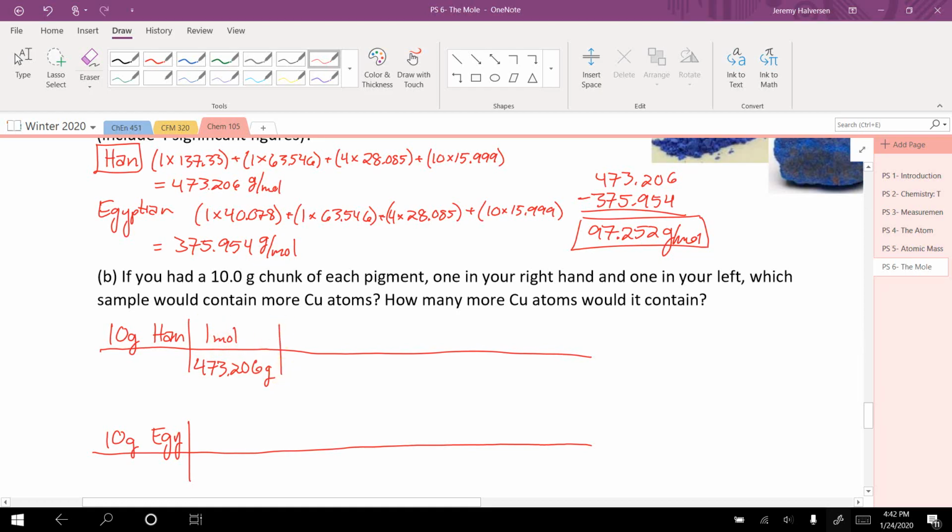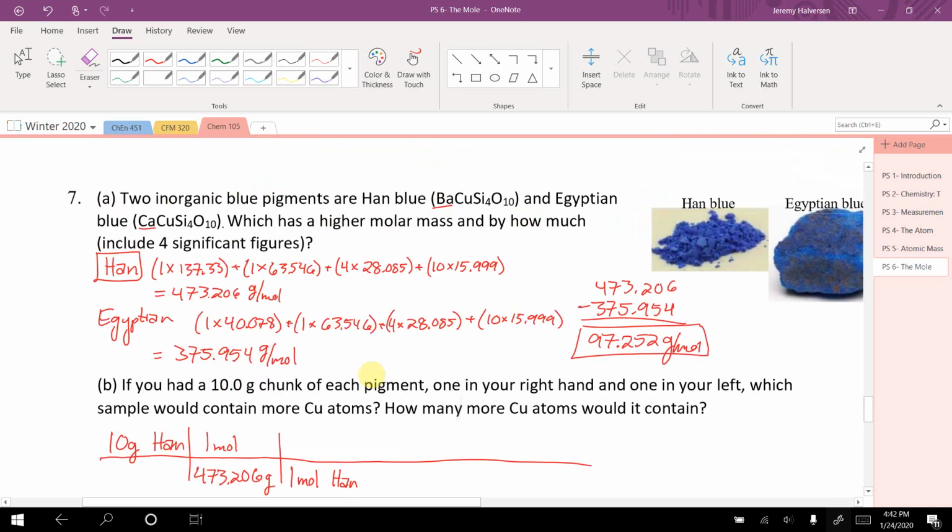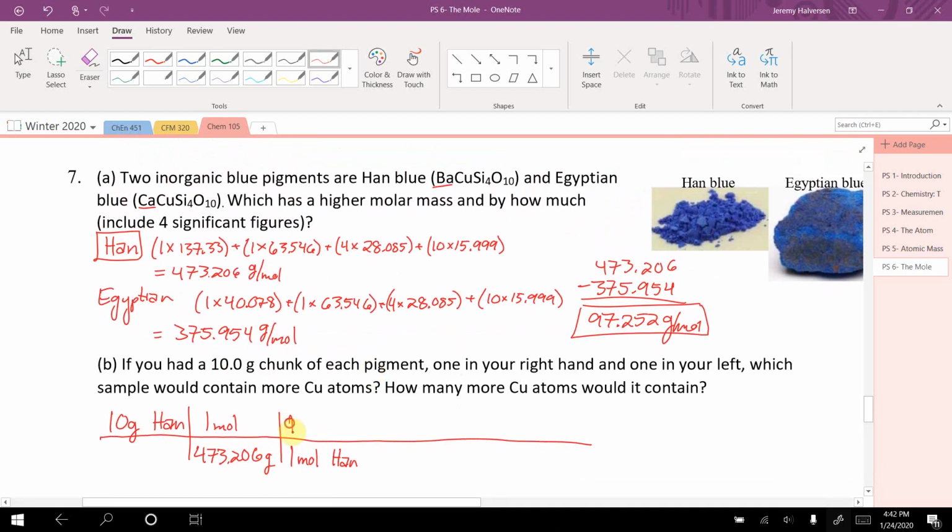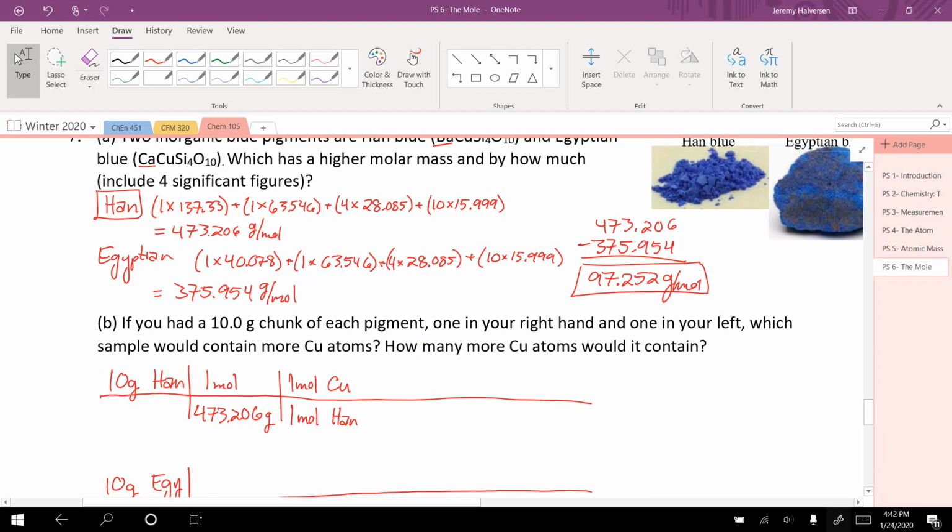And I know that 1 mole of Han has 1 mole of copper in it. And then I want to get all the way to atoms. I know that 1 mole of copper is 6.022 times 10 to the 23rd atoms of copper.